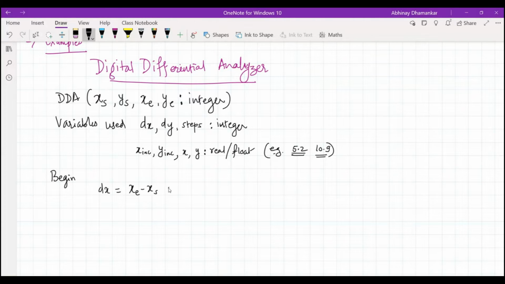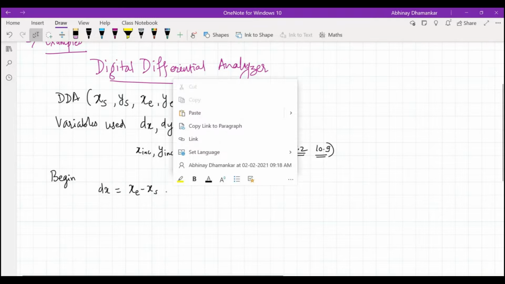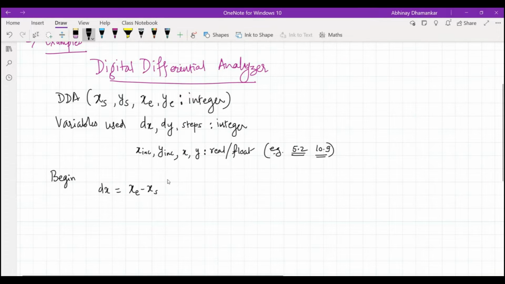Here we are not giving any semicolon, because this is not C language. If you miss it out, there is no problem. So we find the difference in x. Next, also find the difference in y, which is y end minus y start.